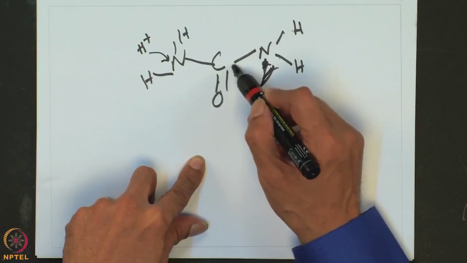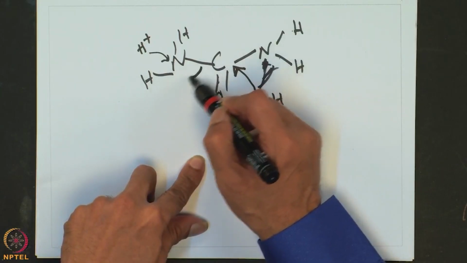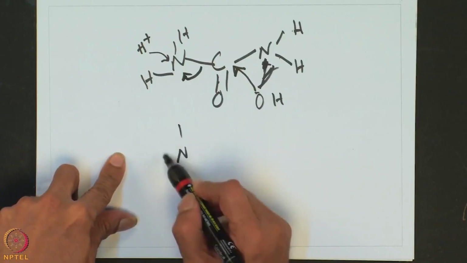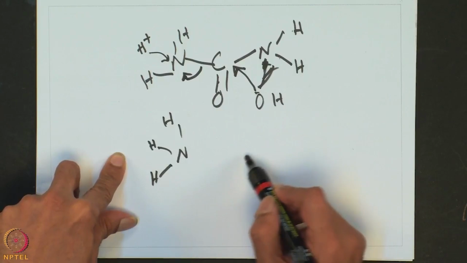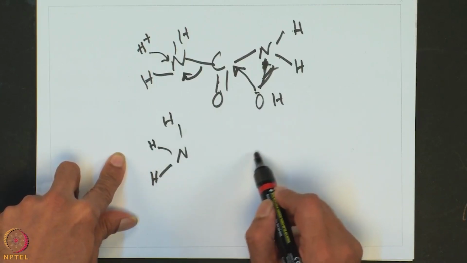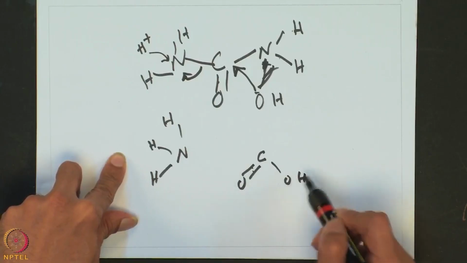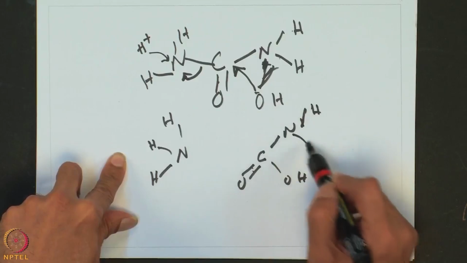Now this is at the electrophilic center, and that will cleave this bond, and that will give you an NH3, and it will give COOH and NH2.